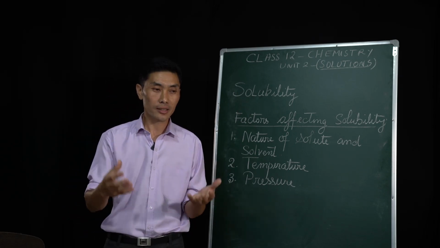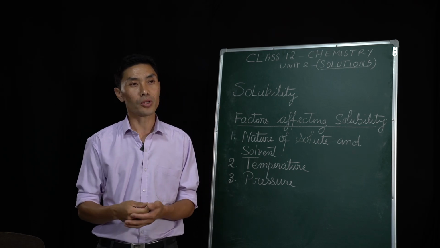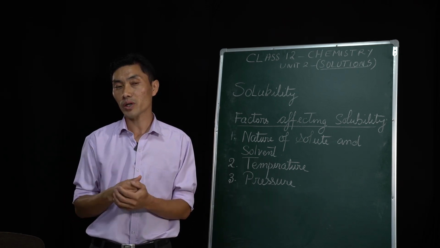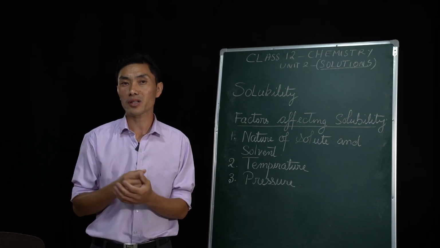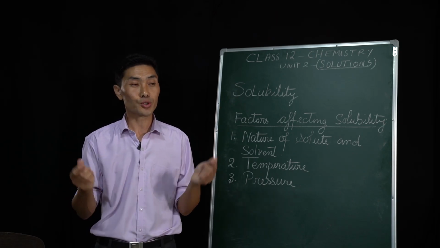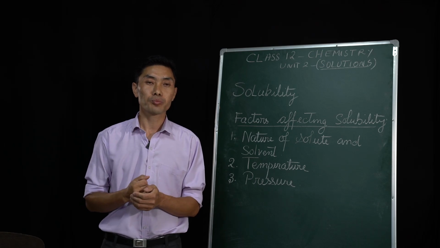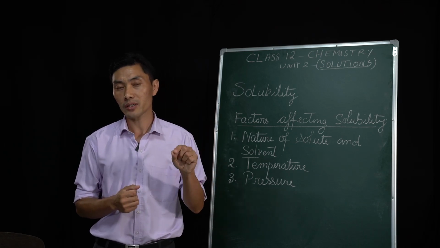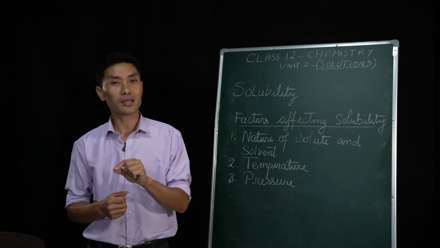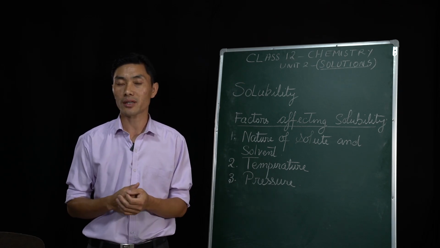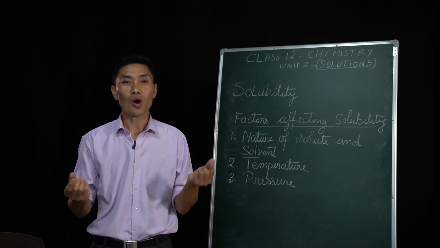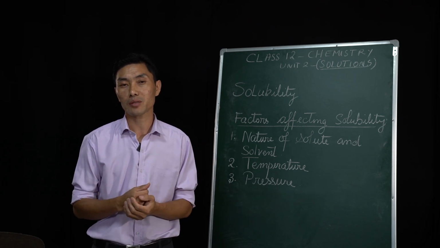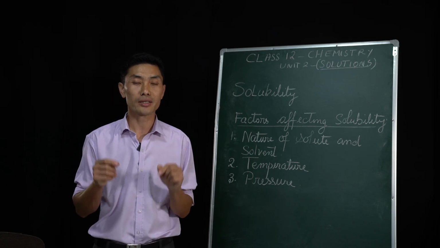I want you to try this simple activity at home. You take 2 glasses, and in both glasses, you take 100 ml each of water. Then you put sugar in one glass, and in the other glass you put sodium chloride, that is the table salt that we take. See how much of each of these solids can be dissolved in the same 100 ml of water.